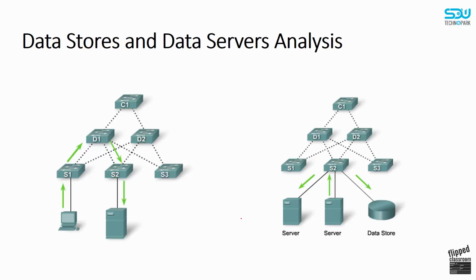And in case you have a server room, it will be better that your servers are connected to a single access layer switch, due to the fact that between servers there can be a replication process, and this replication process takes much traffic. If you place your servers into different access layer switches and they start to make replication, they will take these links.